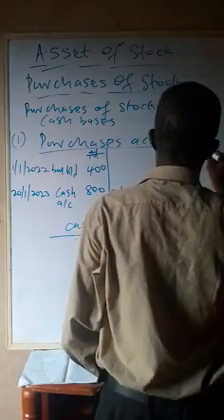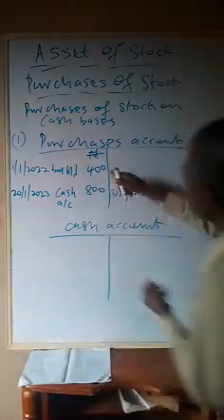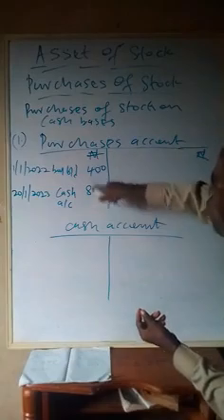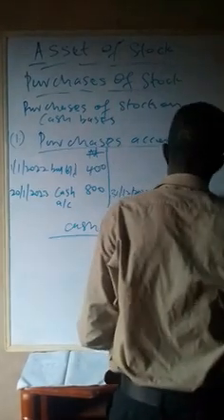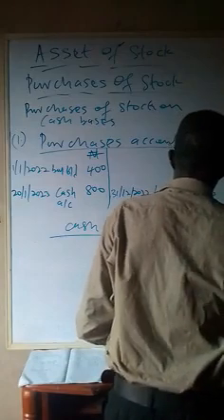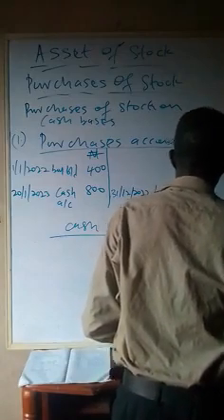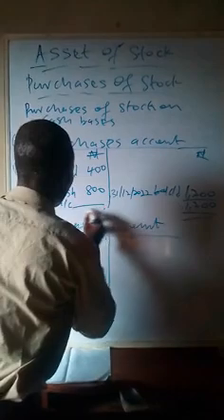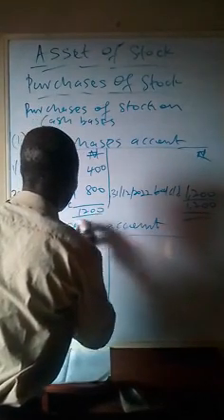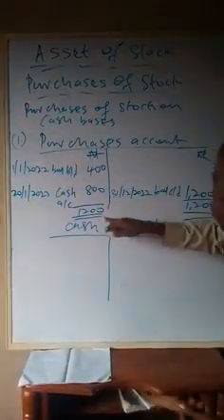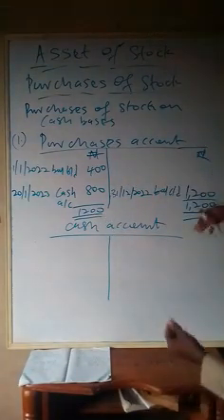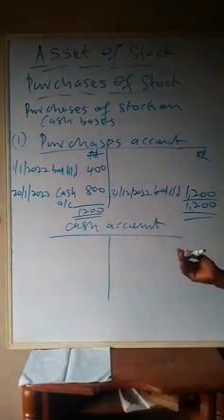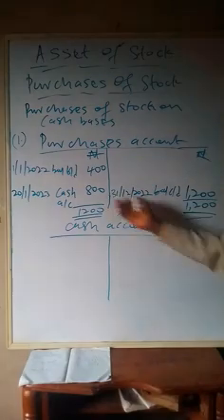It has increased from 400 to, we purchased another one, 800. It has increased from 400 to 1,200. Then you close the account, 1,200. You close the account here also, 1,200. And whenever you are closing, you put two lines. Whenever you are adding two figures together, that's the balance for you. You close it.